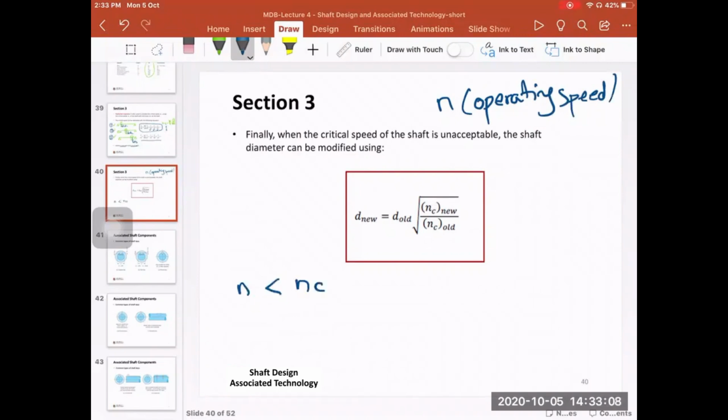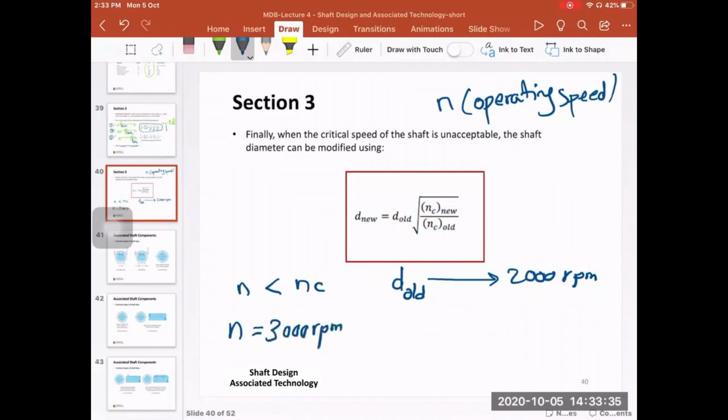Okay. So let me just give an example here. Let's say you've just calculated the diameter, and based on this diameter, you have the N critical as 2000 RPM. I'll call this old. Okay. Then in this case, the operating speed that you have based on the engine is 3000 RPM.